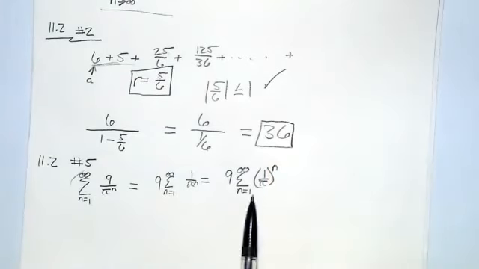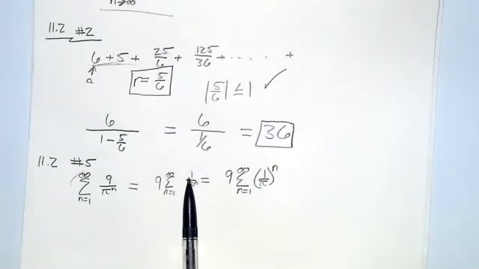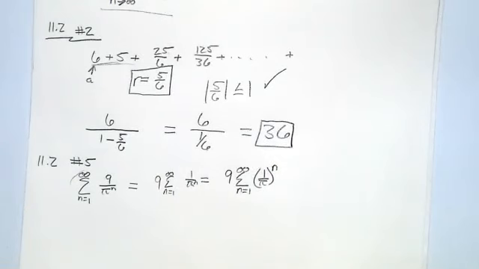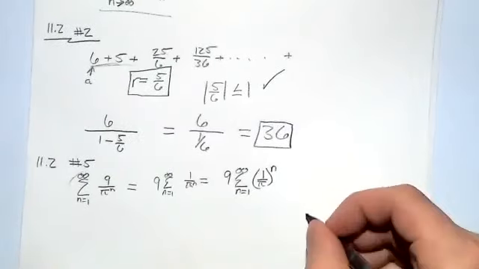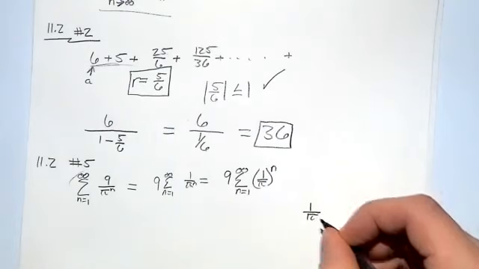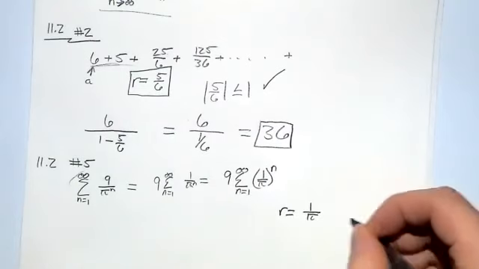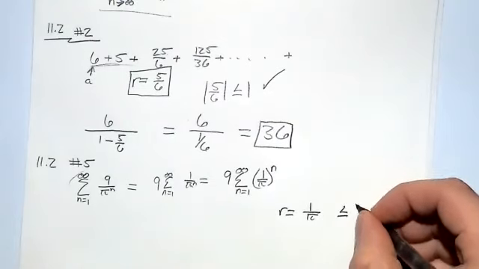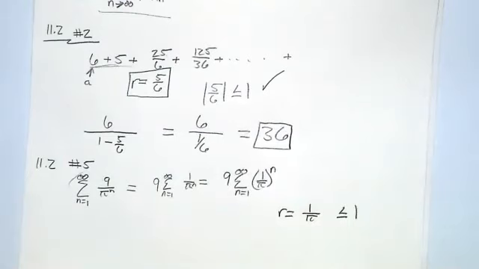The reason for this is 1 to any power is still 1, so we can always make this whole thing to the n, because 1 to the n is 1 no matter what. So from here we now have a ratio, and our ratio is 1 over pi, which is less than 1. So this series is going to be convergent.